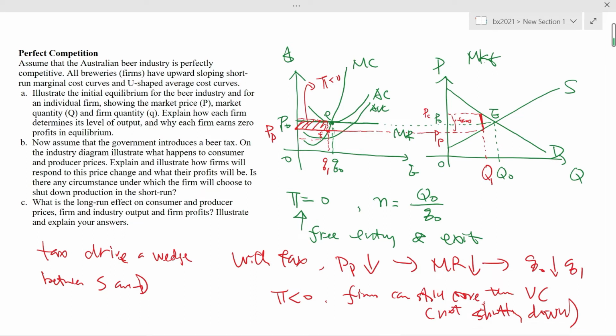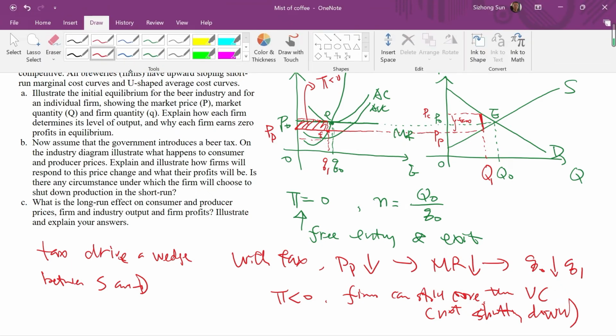All right, so let's see what the long-run effect is on consumer and producer prices, firms, industry output, and firm profit. I'm going to use a different color, blue.